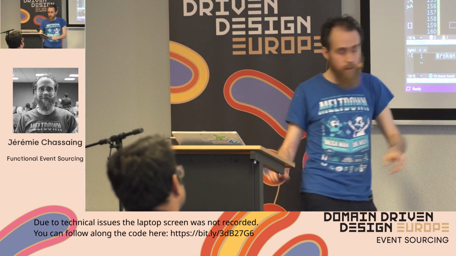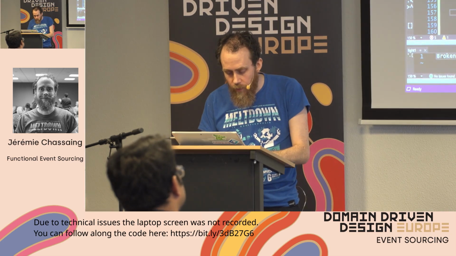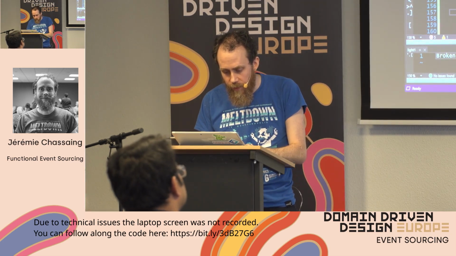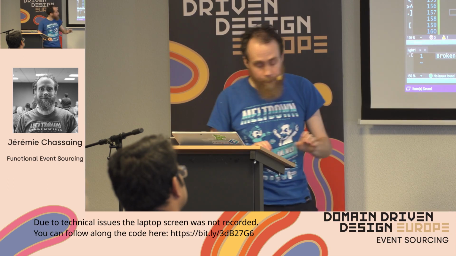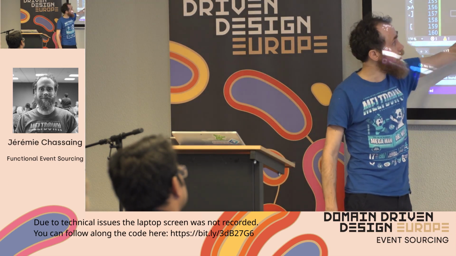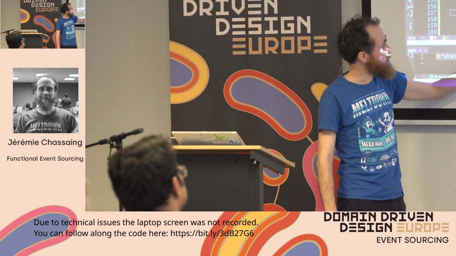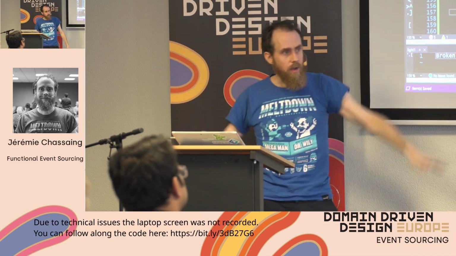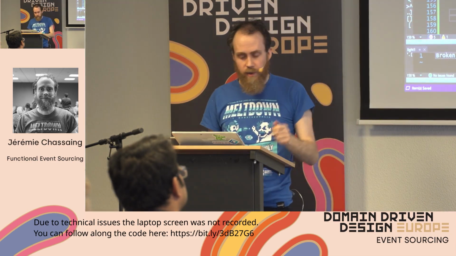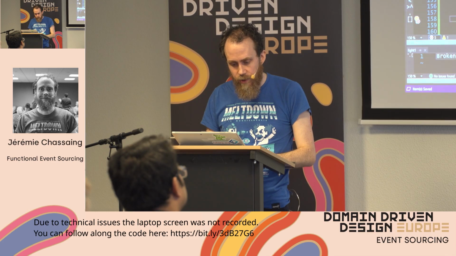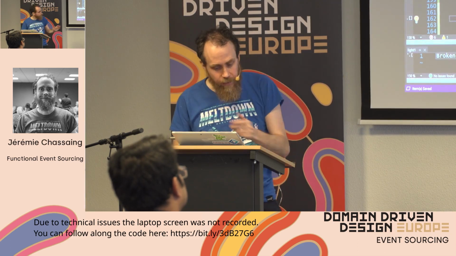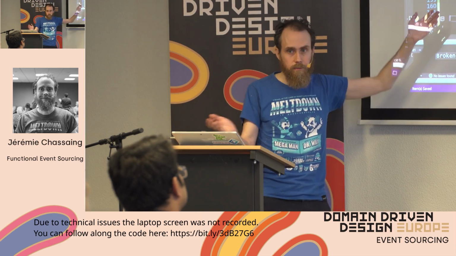I fold them. Oops, I remove the evolve initial state part. Yes, like that. So I fold them, I get my state, I decide, I get some events, I save the events. I'm done. I'm just publishing by calling the for each publish again at the end. Like that, here it's really easy.